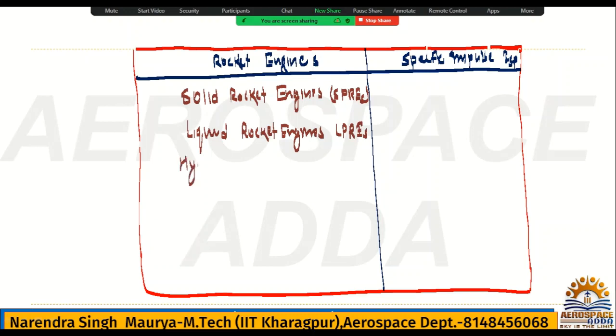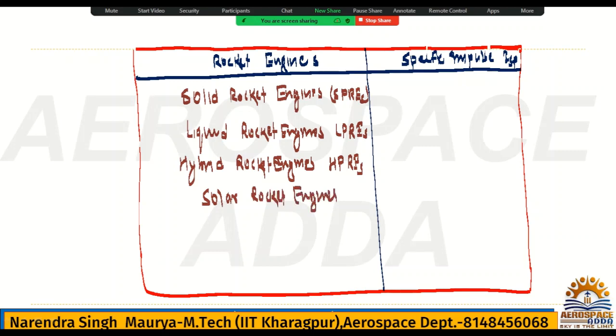Then hybrid engines, then solar rocket engine, then nuclear, and then electrical, also called arc heating.